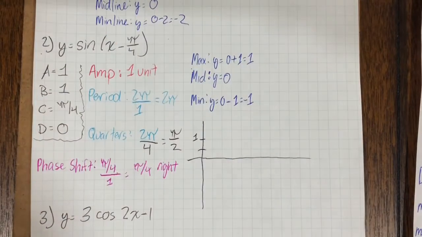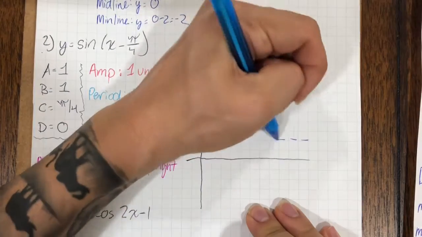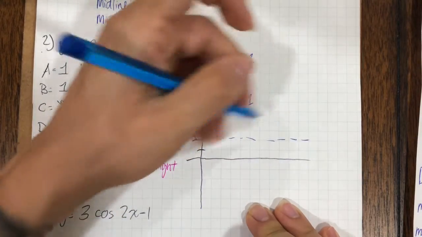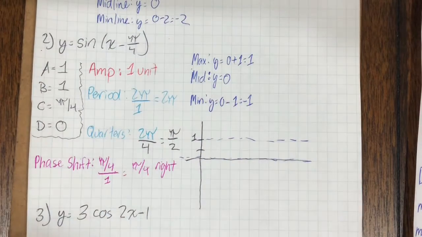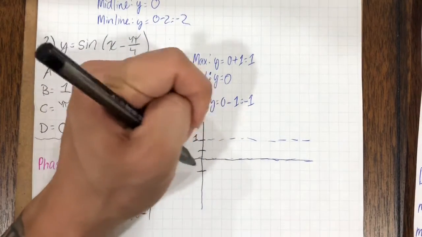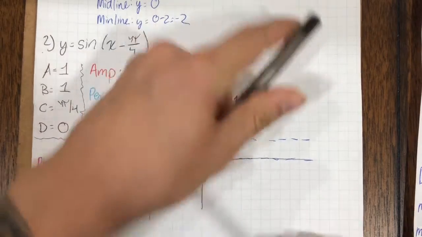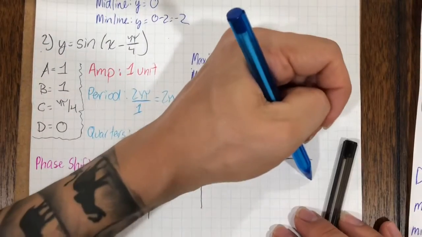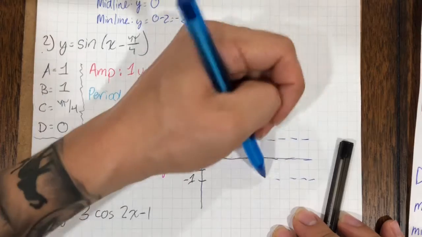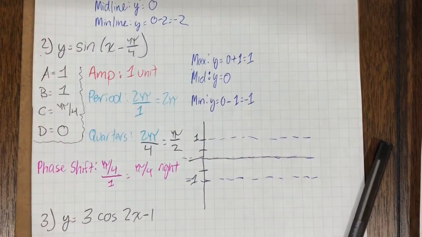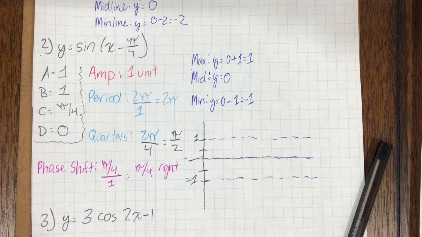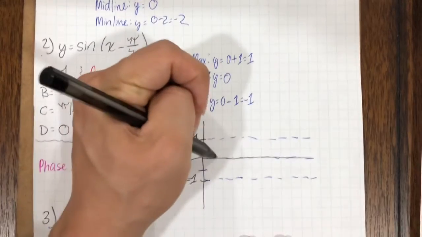So 1 is the max line, y equals 0 is the midline, and then we have -1, which is the min line. Min, not mid, min.